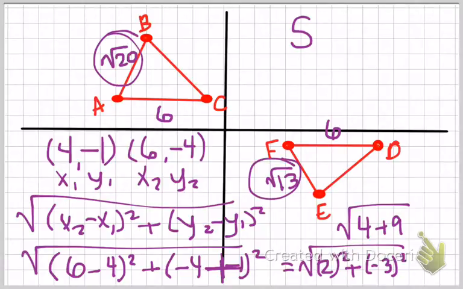And just to double check, we're not going to just say that it's not side-side-side yet, because BC could be the square root of 13. I know it doesn't look like it, but we're going to check by doing the distance formula.